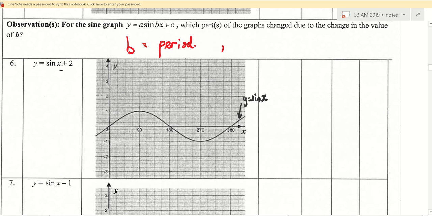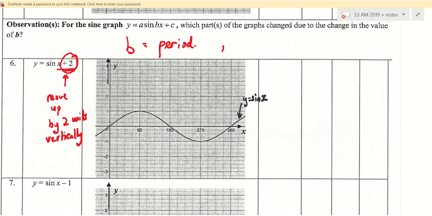So let's start. If it's plus 2, this means that it moves up by 2 units vertically. So if it's 0, now it becomes 2. If it's 1, it becomes 3.